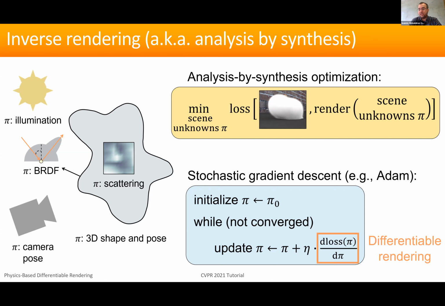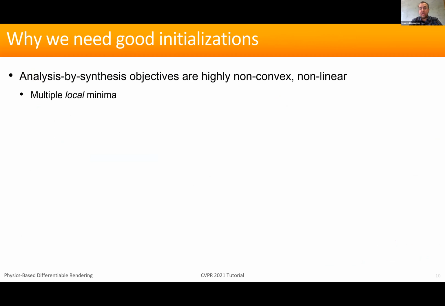All right. But to be able to successfully perform inverse rendering, there are a lot of other things in this picture that we need to be able to take care of. For example, we need to be able to take care of how to initialize our gradient-based optimization procedure. And why is initialization such a big deal?